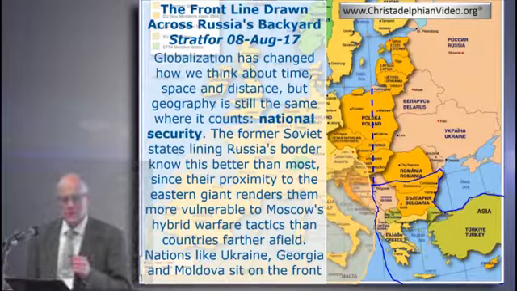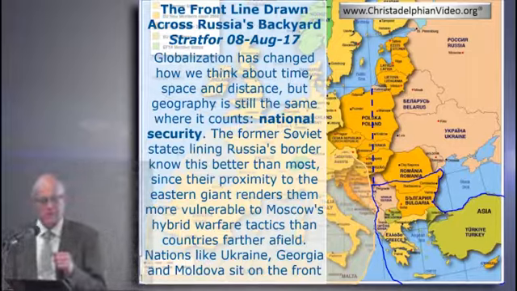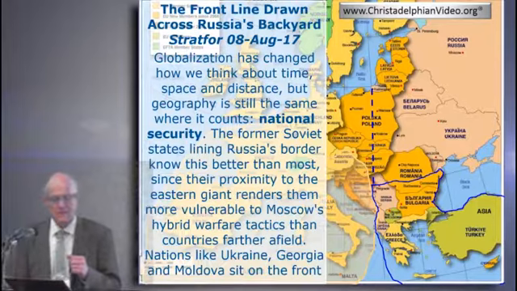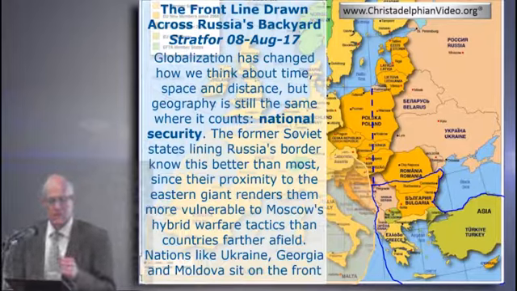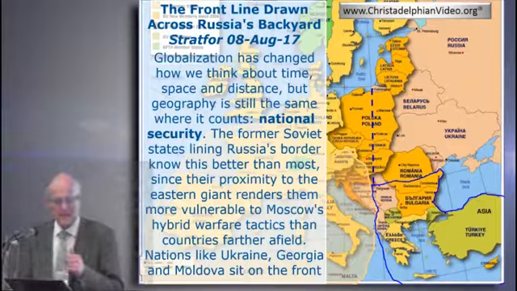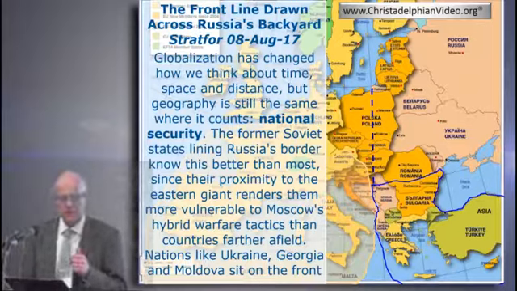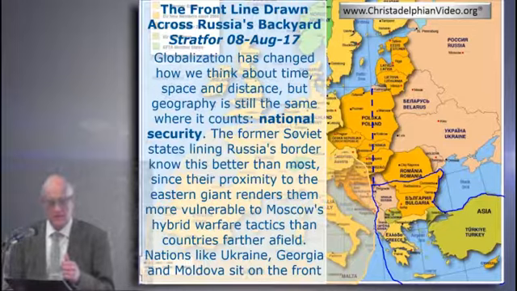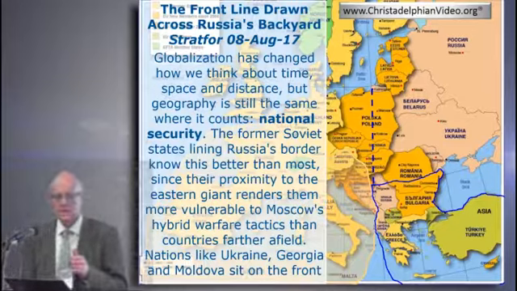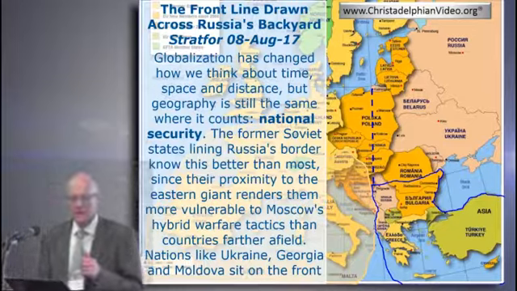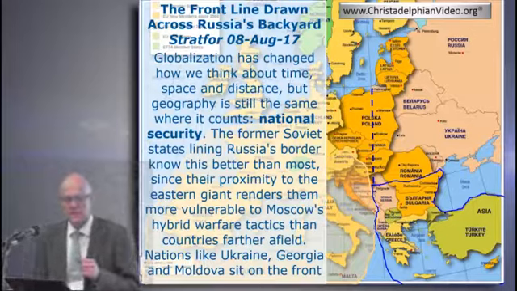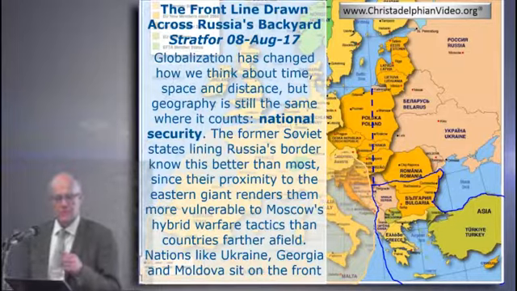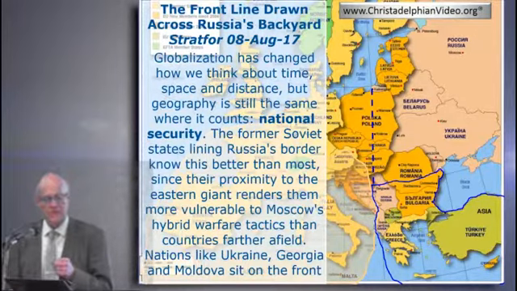The former Soviet states lining Russia's border know this better than most, since their proximity to the Eastern Giant renders them more vulnerable to Moscow's hybrid warfare tactics than countries further afield. Nations like Ukraine, Georgia and Moldova sit on the front line of Russia's lasting battle with the West for influence in the international system, and they are the countries most at risk of being caught in the crossfire.